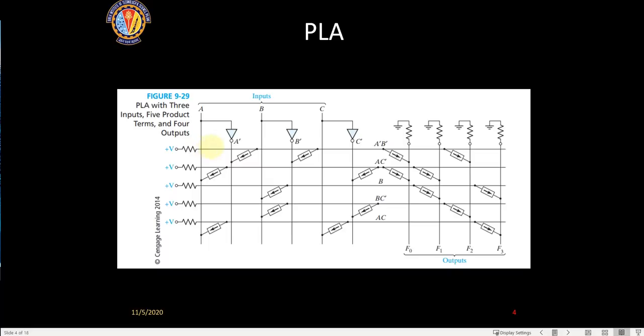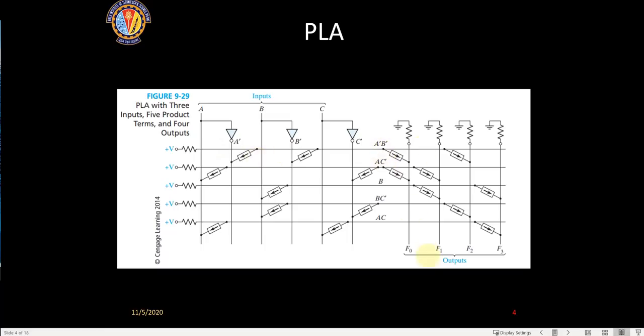So see, this is the AND line. Now what are the minterms we want in this line? This is just an example of these functions. Sir, I'm asking where is this connected, all these lines are running parallelly, right? So what all things are connected?